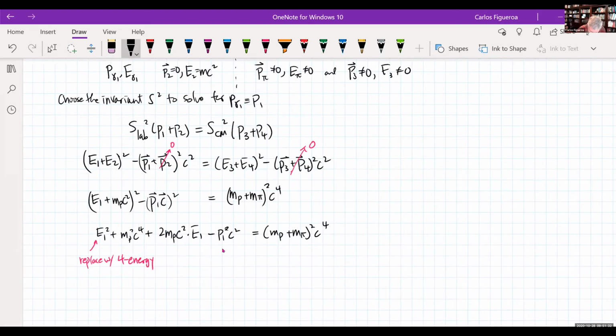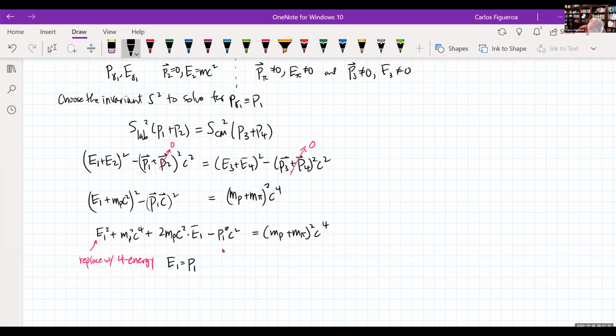So if I replace that with the energy, I'm going to get P1 squared C squared plus MP squared C to the, nope, this is a photon. I made a mistake here in my thinking.